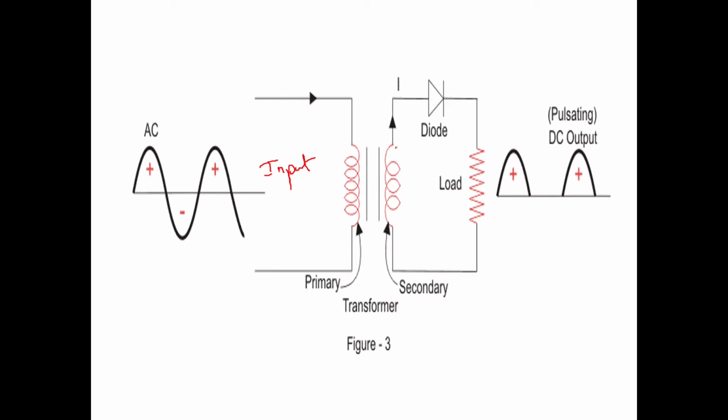The secondary will be applied to the diode here, and the diode will conduct only when the input is a positive half cycle, and when the input is a negative half cycle it is not going to conduct. Therefore the output will be only positive half cycles. So it is half wave rectification, it is not full wave. It is going to conduct only for half waves.